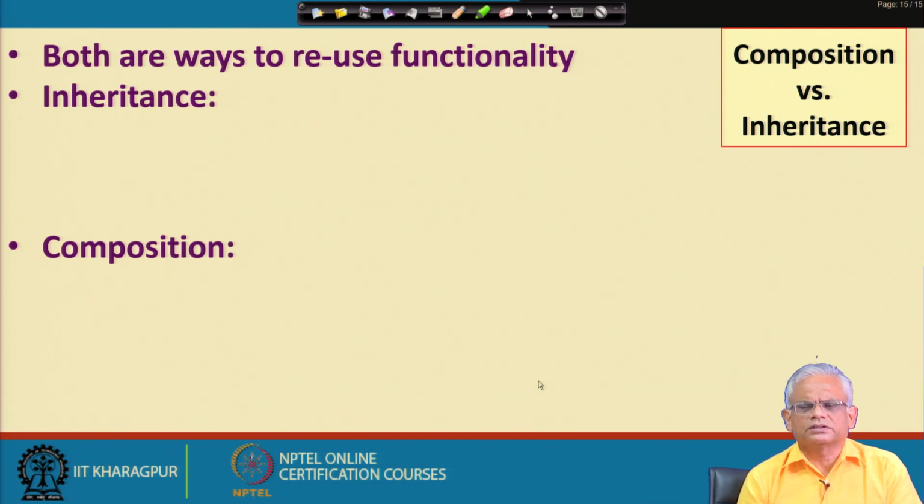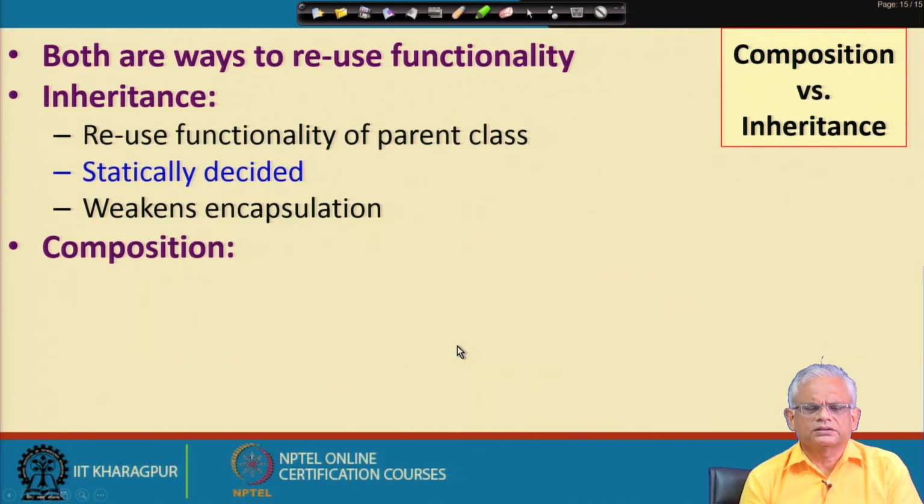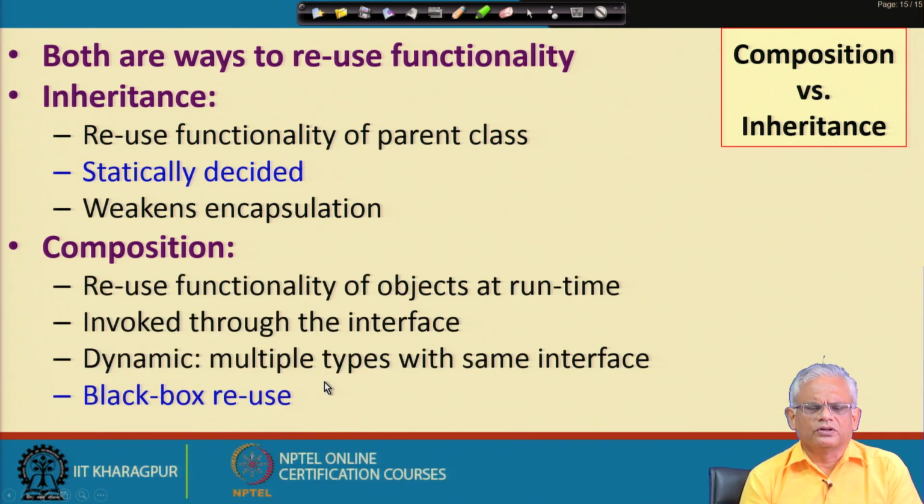We have been discussing the advantage of composition over inheritance in many applications. Both are mechanisms to reuse functionality. In inheritance, we reuse the functionality of the parent class, and these are statically bound and weaken encapsulation. Whereas in composition, we again reuse functionality of objects at runtime. This is basically reuse through delegation invoked through an interface.